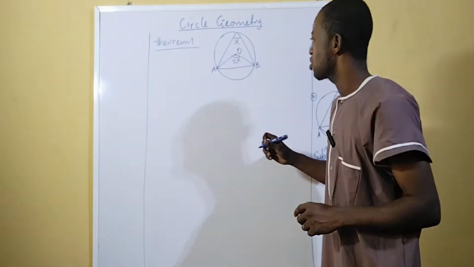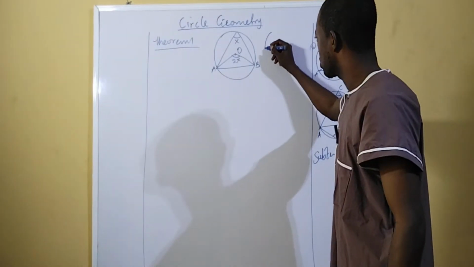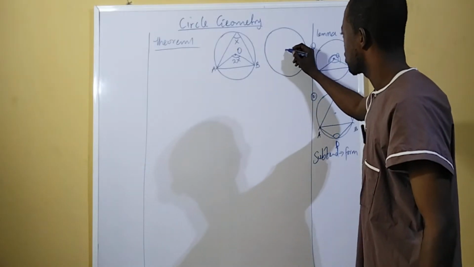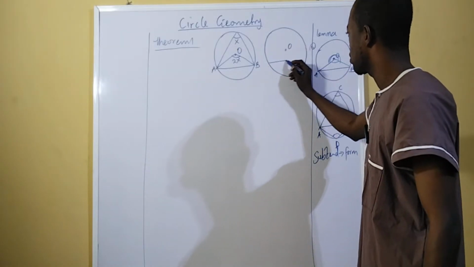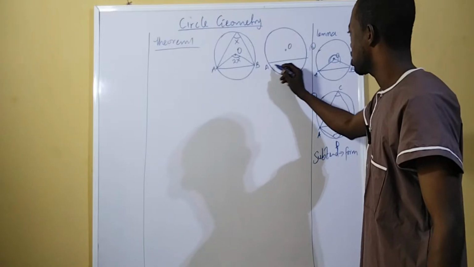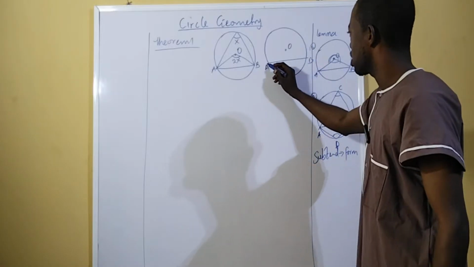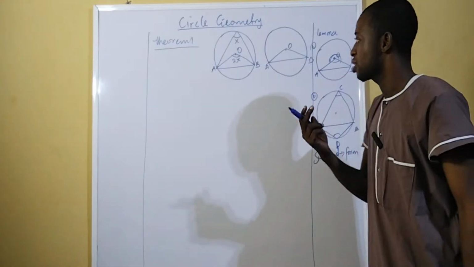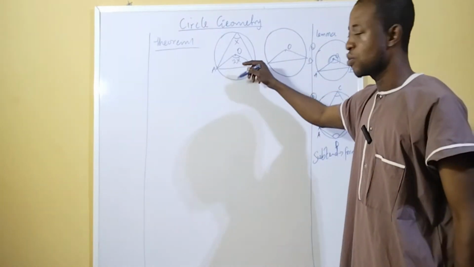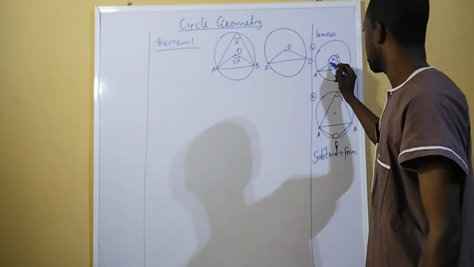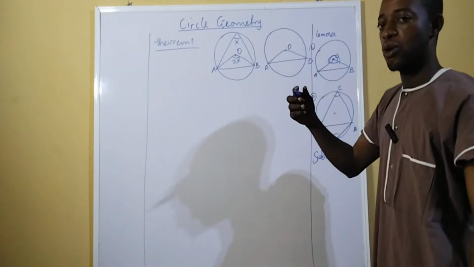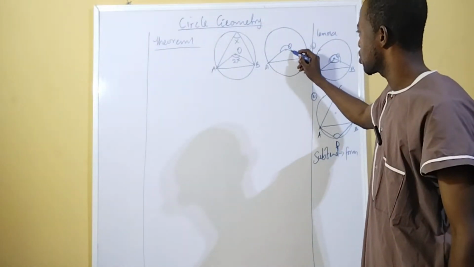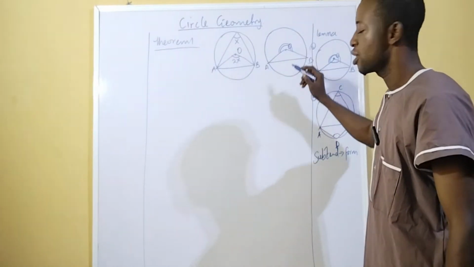Okay, the opposite is also true. The same thing: we have center of the circle O, and we have a chord, let's say AB, and we have this angle at the center. You know, we talk about two angles at the center. For the first case, we look at this angle inside, which is the obtuse angle. For the second case, we look at this angle outside, which is the reflex angle.